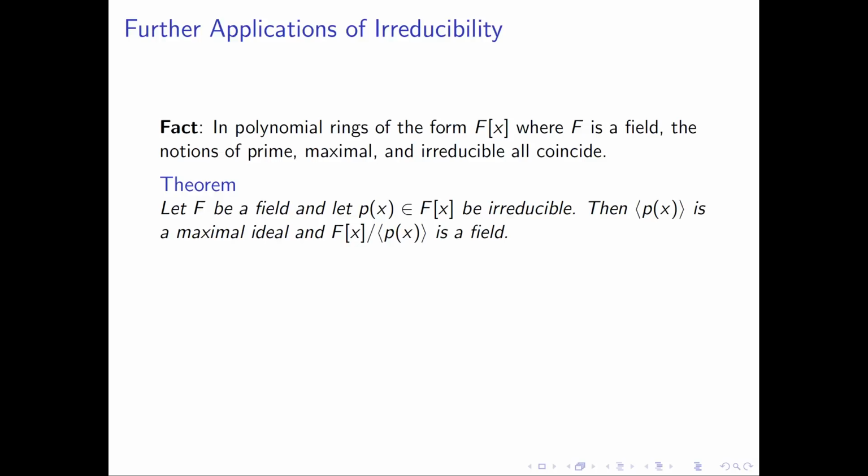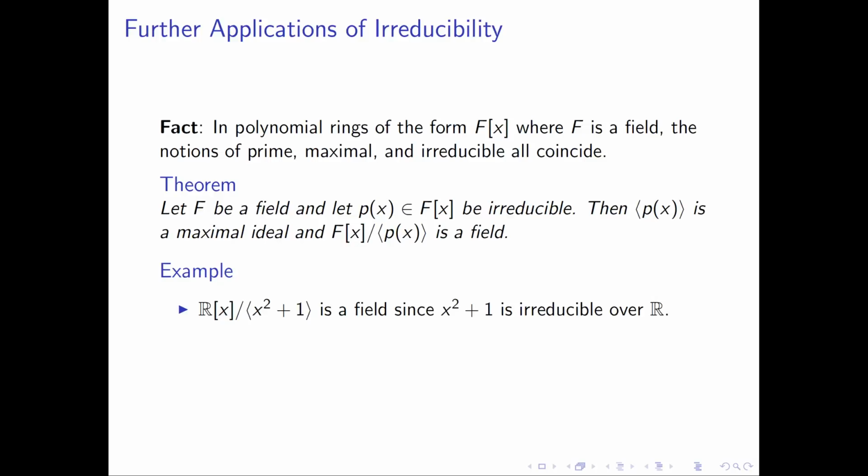As some easy examples of this theorem, let's return to something that we've seen before. Let's work inside the polynomial ring R adjoined x. R is a perfectly good field. And let's look at the polynomial that we know is irreducible, x squared plus 1. A million ways to see that that's irreducible. That's an irreducible polynomial, so by our theorem, the ideal generated by it is maximal.